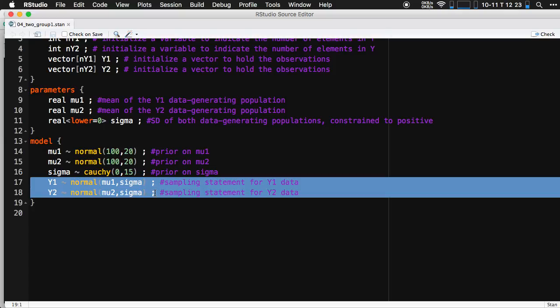Okay, so maybe try to talk about the relation of y1 and y2. What does the generative model say about any similarities or differences between how the data for y1 and y2 are being generated? The same standard deviation.